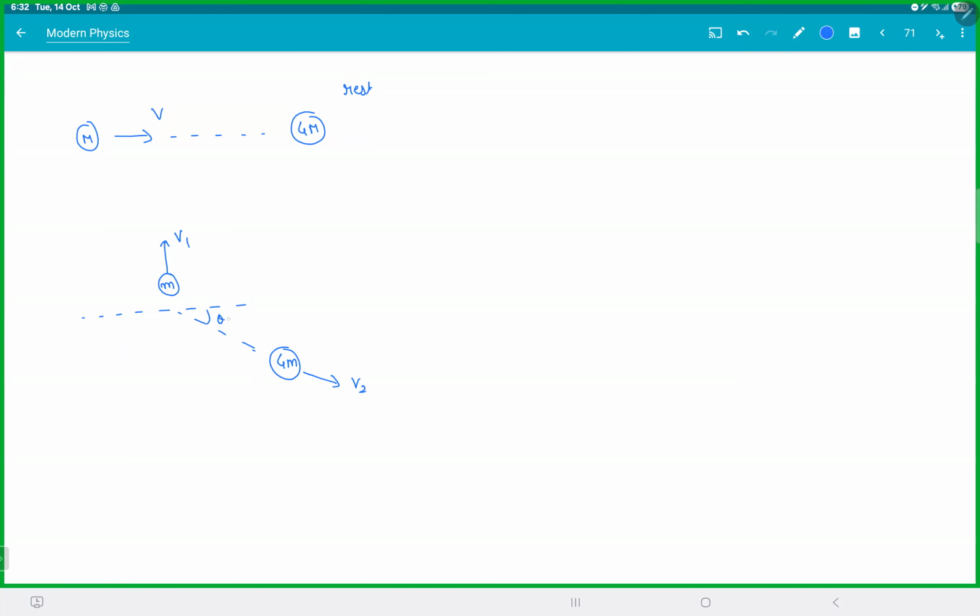So, and remember here, this thing is u. So half m u square is 65 eV. This is given. Conservation of momentum.